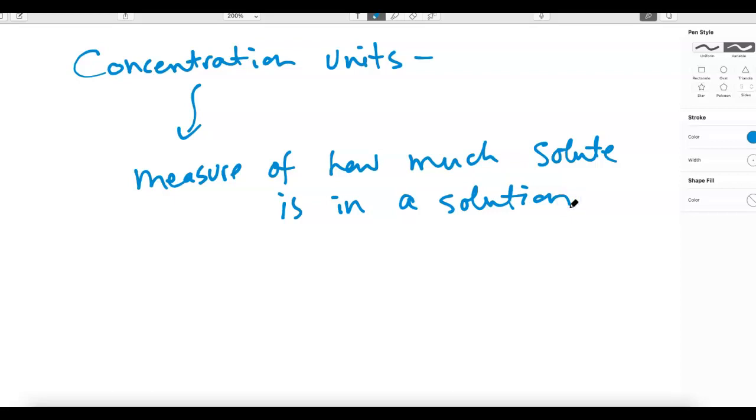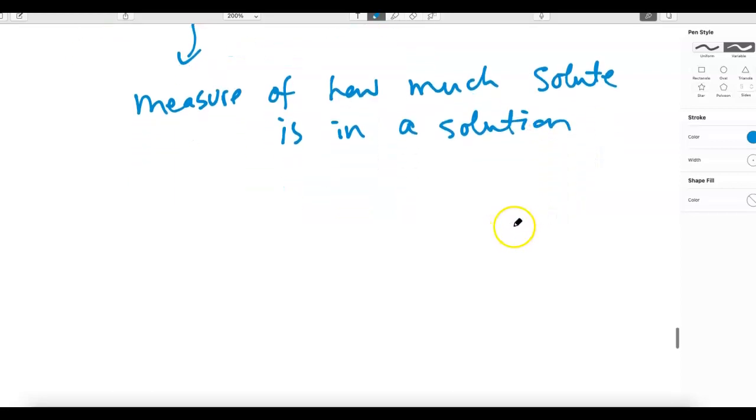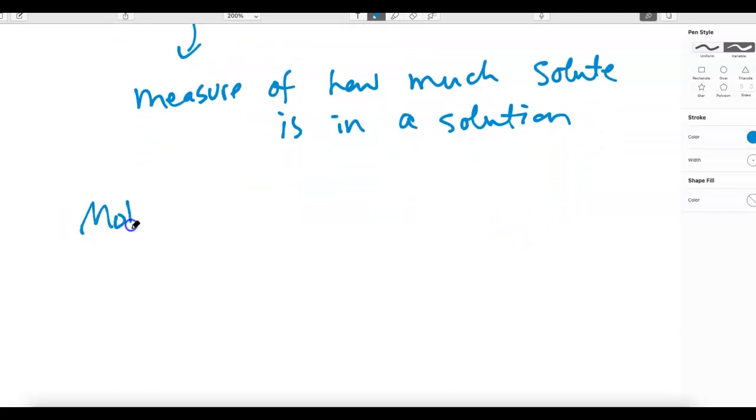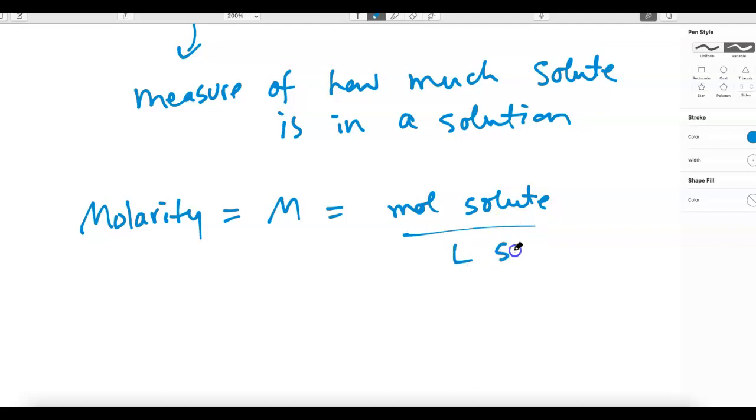And so there's different ways of expressing it just depending on what your application is going to be. And we already know the one that we're going to use the most, molarity. We learned that last quarter. It's a capital M, and it's the moles of your solute per the liter of your solution.